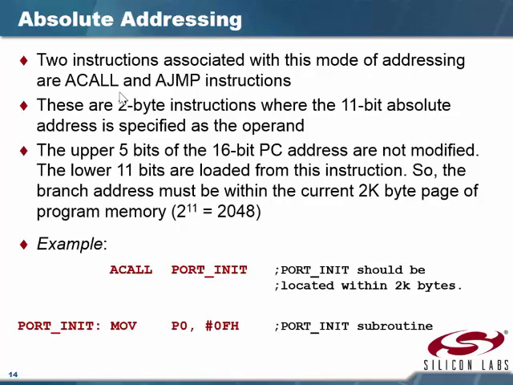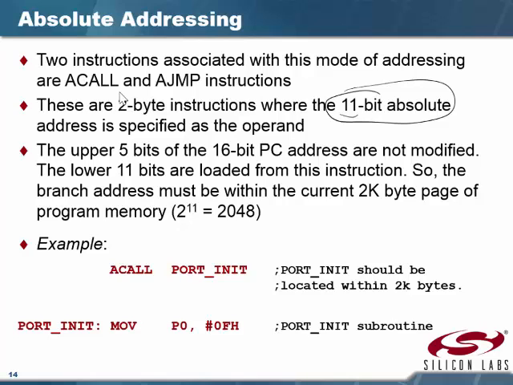Absolute means that we can jump within 11 bits. So that means we could go 2K ahead or 2K behind, right? Or actually within the current 2K byte page of the program memory. So it's got to stay within that 2K page essentially.